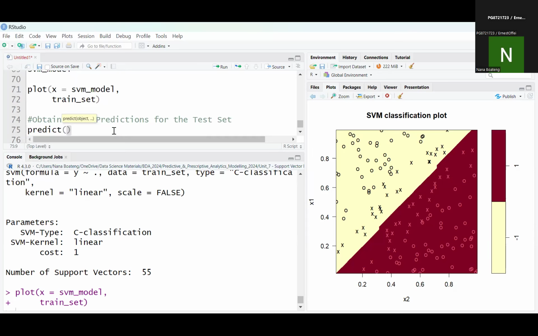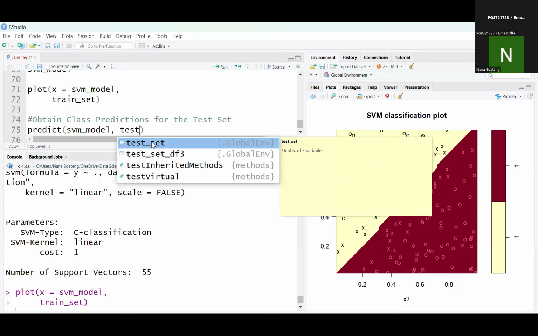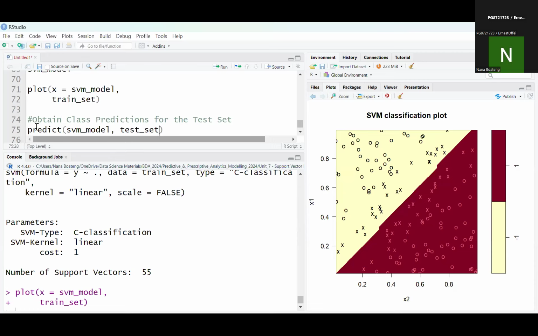We want to use our SVM model against the test set. Let's call this pred_test. So let's run this.